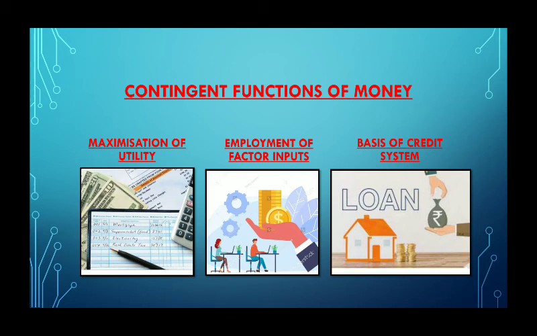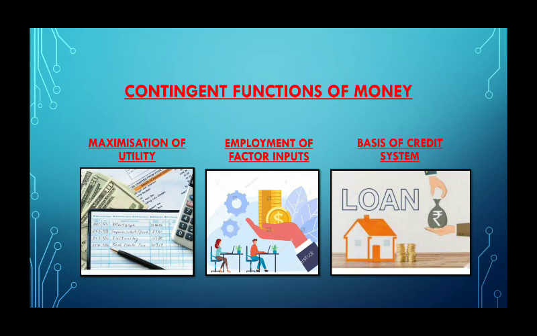And wage is always expressed in terms of money. Be it any factor of production, the price of the factor of production, be it land, labor, capital, entrepreneur, anything, the price of factors is always expressed in terms of money. So money helps the producer to decide which factor to use more and which factor to use less in order to get the maximum output with the given input.